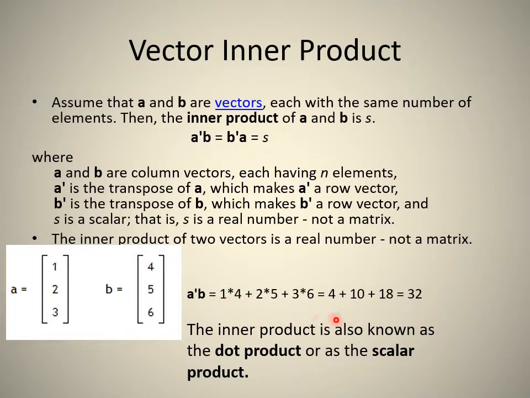Here you are. 4 plus 10 plus 18 gives you 32. So in this example, the vector inner product of A and B will be a numerical value, 32. Sometimes this is also called a dot product. This is not often used, but the vector inner product is as we have described this.